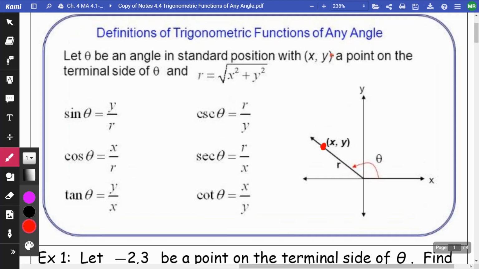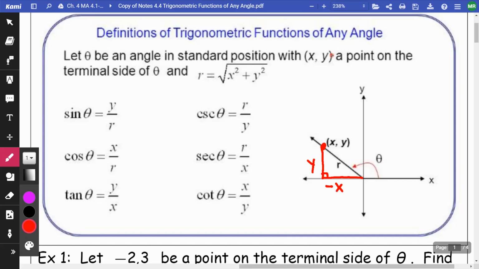So if my point is here in this quadrant, and I draw my right triangle to get to that x comma y, yes, this would be x and this would be y, but you have to think about where you are on the graph. I'm on the negative side, so this is going to be a negative number here. I just want us to understand that.